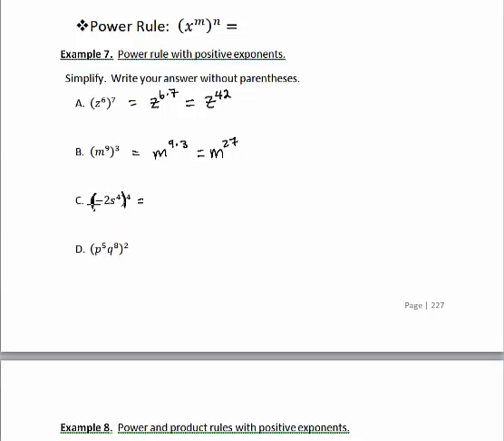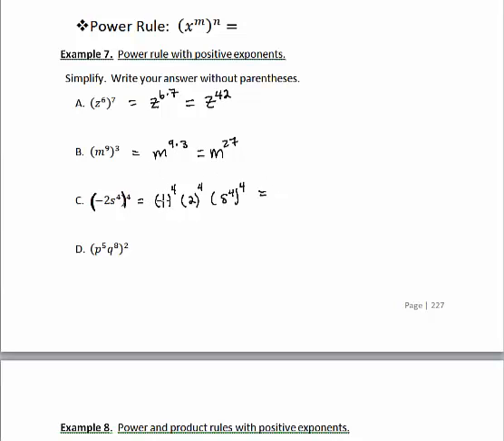So everything inside here is raised to the 4th power. We could write a negative to the 4th power, a 2 to the 4th power, and an s to the 4th to the 4th power.